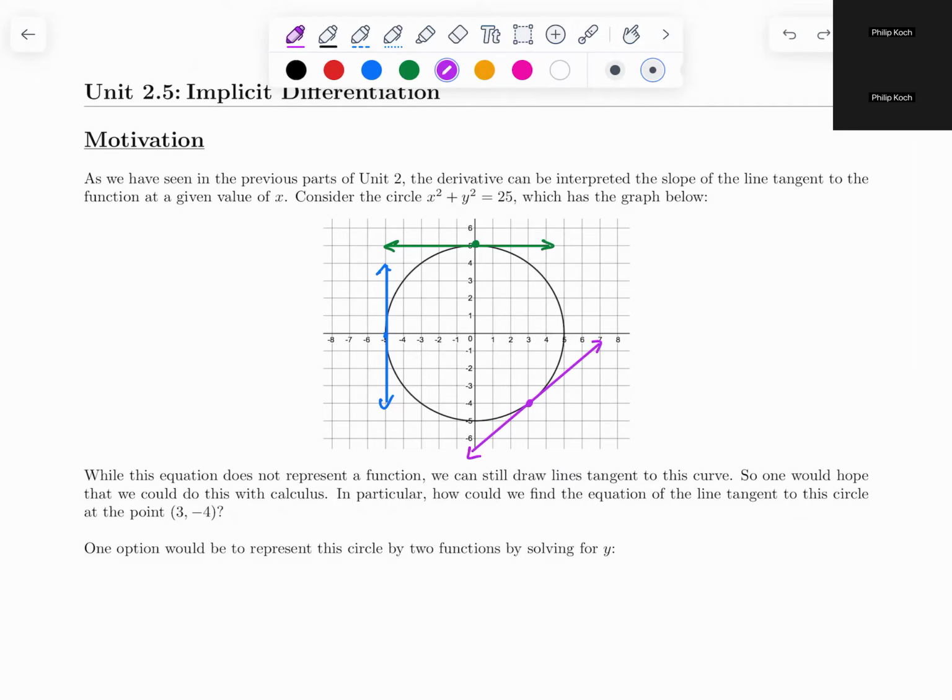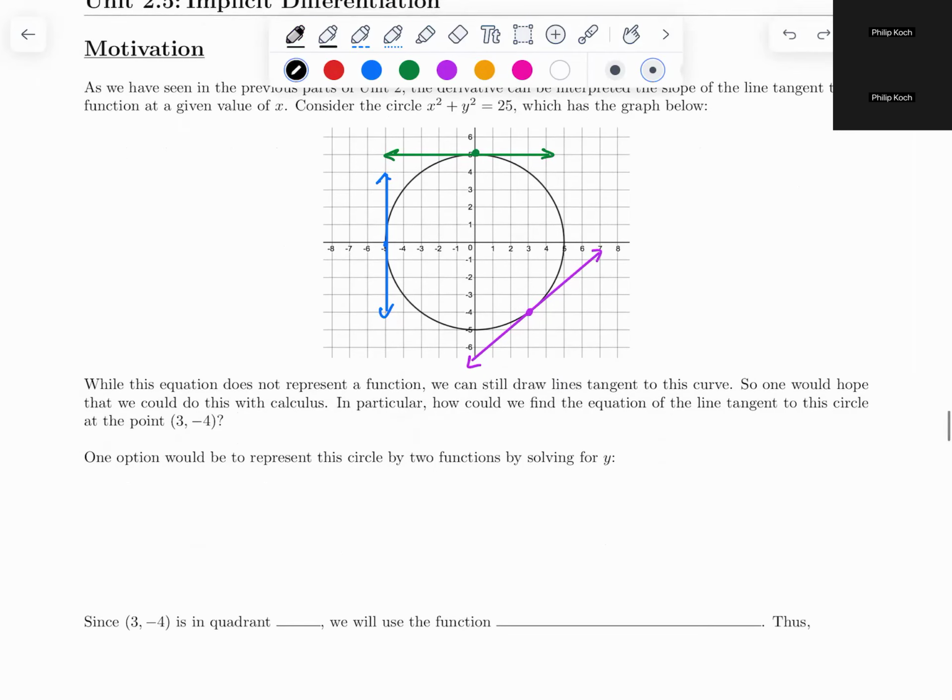Now, there are some options. What we could do is write the circle as a function in two pieces. So we have y squared equals 25 minus x squared, and we take the square root of both sides. And don't forget about the plus or the minus, right? When you take the square root of both sides, mathematically, you need the plus or the minus.